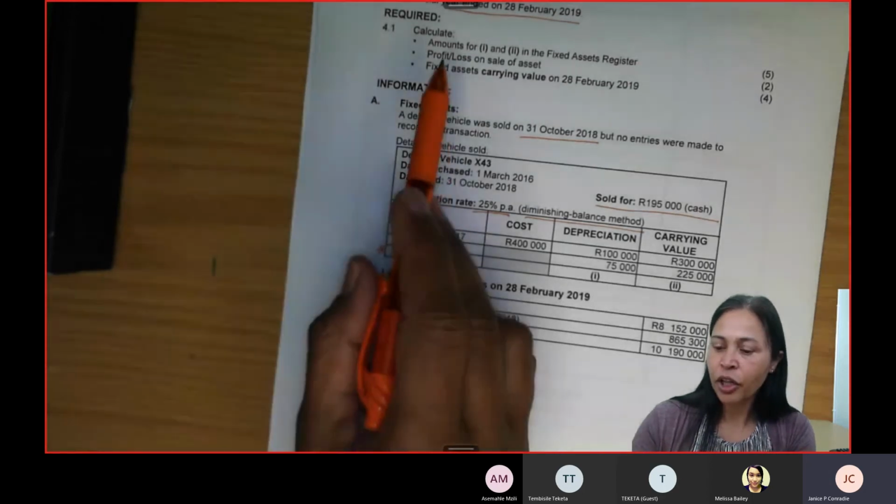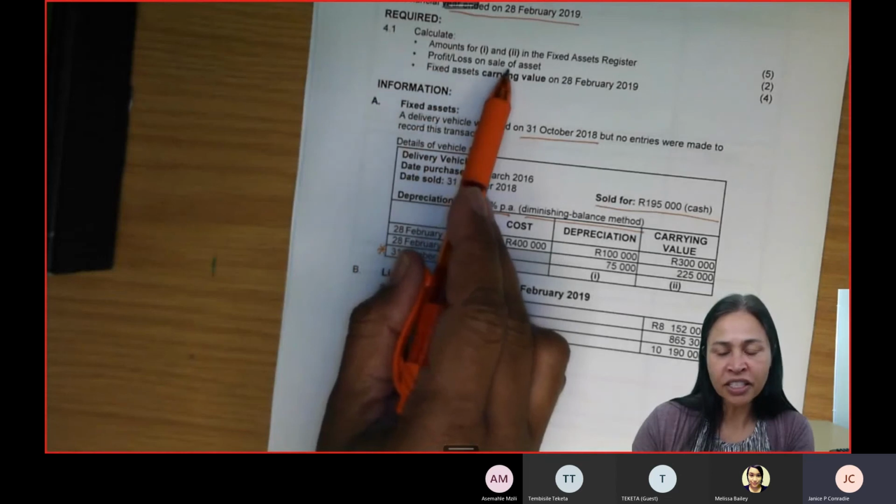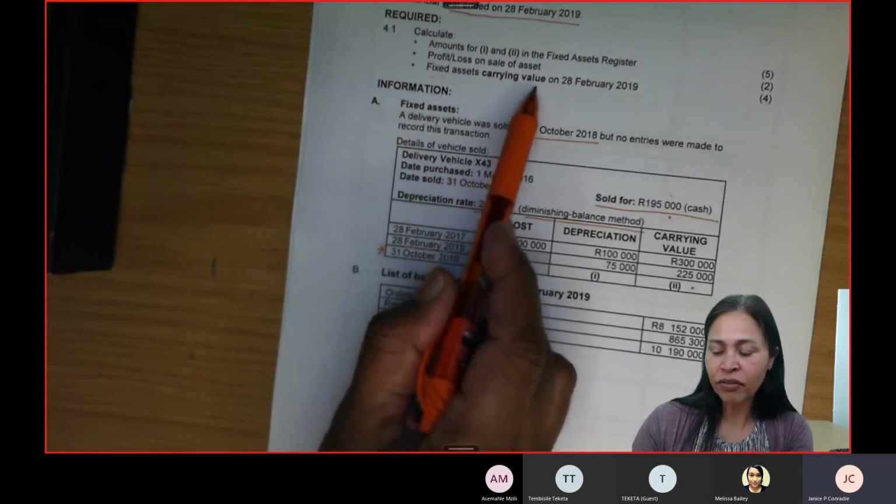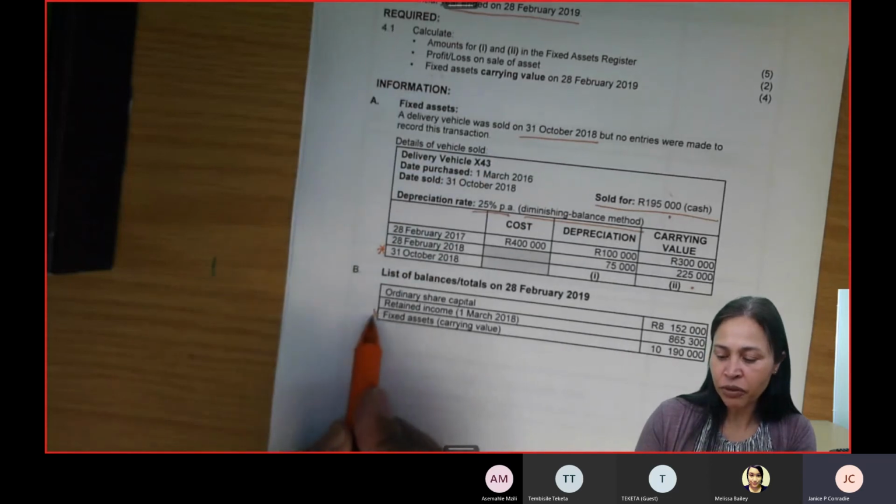Then the profit or the loss on the sale of asset, once you have determined this carrying value, you compare it with how much you've sold it for. And that is going to tell you whether you've made a profit or a loss as well as the amount. Then finally, fixed assets, the carrying value, you will use B's information.